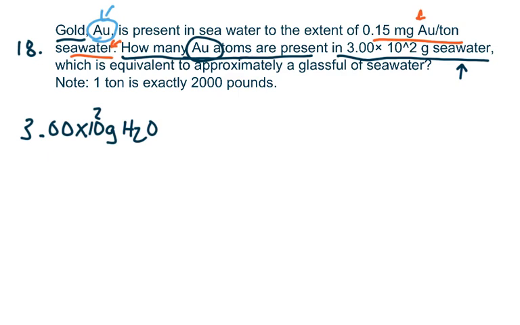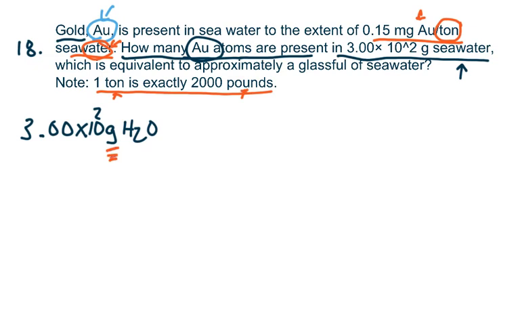I think of conversion factors as bridges. In order to use this bridge, we have to be in tons of water. Right now we're in grams of water. They tell you 1 ton is exactly 2,000 pounds. So we're going to go to tons, and to get to tons, we go by pounds.